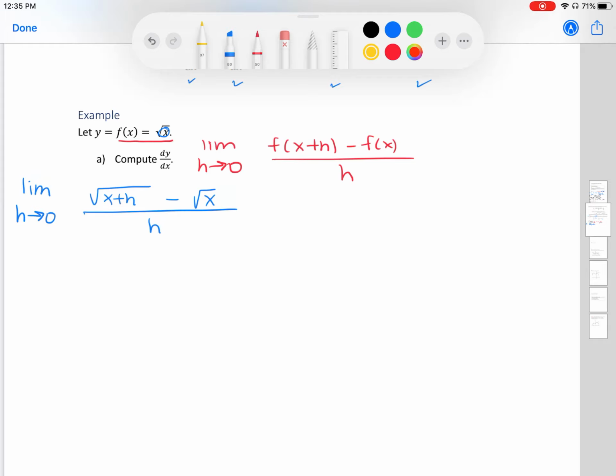Now at this point, if you're in a situation where you're like, man, I'm stumped, I don't know what to do next, a helpful way to make things move in a direction you wish they would is multiplying by the conjugate.